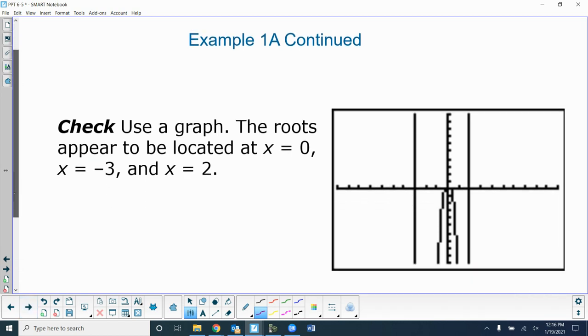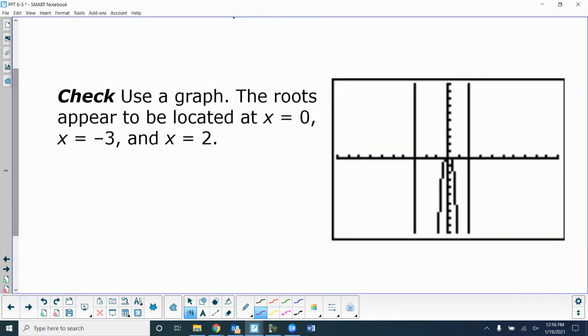So, this is the graph of that problem. Okay? What number's right there? -3, right? What number's here? That's the 2, right? What number's right there? That's your 0.